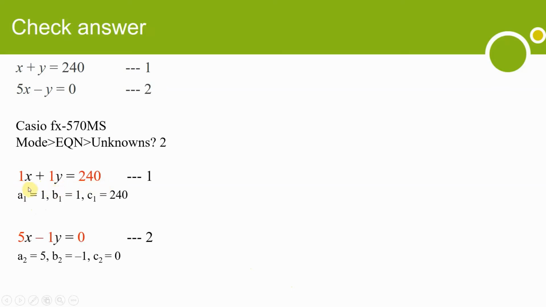The equations have to be arranged in the sequence of x, y, and the number, and you just have to key in the coefficient one by one. Then you should get the value of x and y.